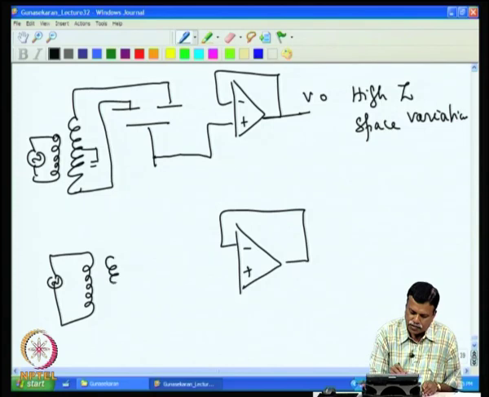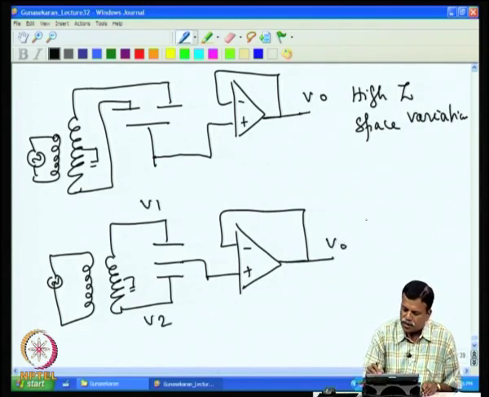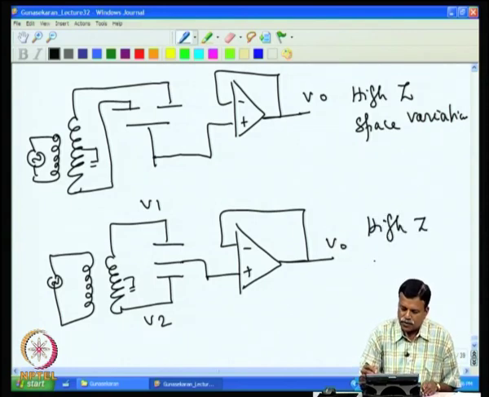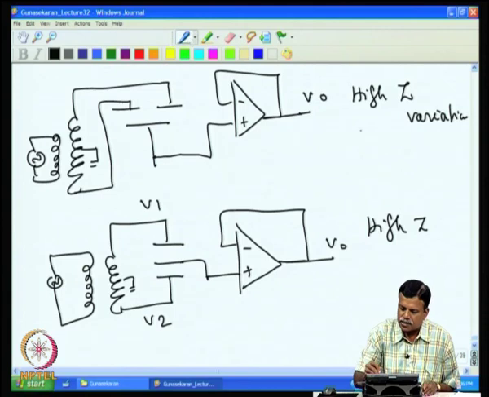You can have the same transformer, and then we can have a space variation here, wherein this is connected here, and V1 and V2 are connected here, and then you get the output. This we call high impedance. This is high Z area variation, and this is high Z space variation.